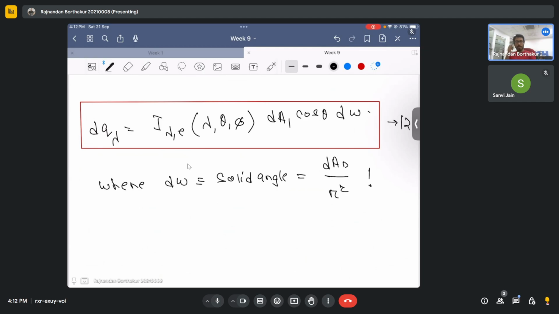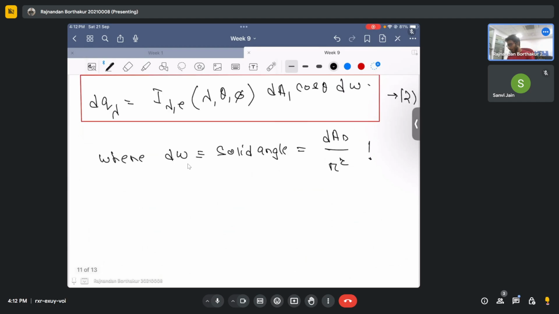Now let's look into something known as the hemispherical emissive power.